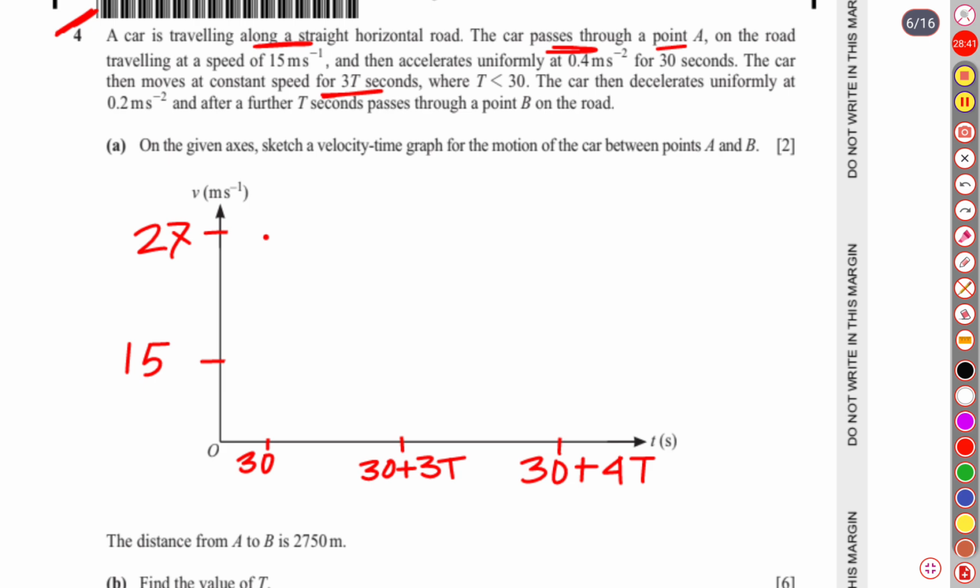Then it was moving at a constant speed until 30 plus 3t seconds. Then it continued until this point, that means decelerating. But we don't know the exact velocity when it was decelerating, so how to draw this? We will just join this.